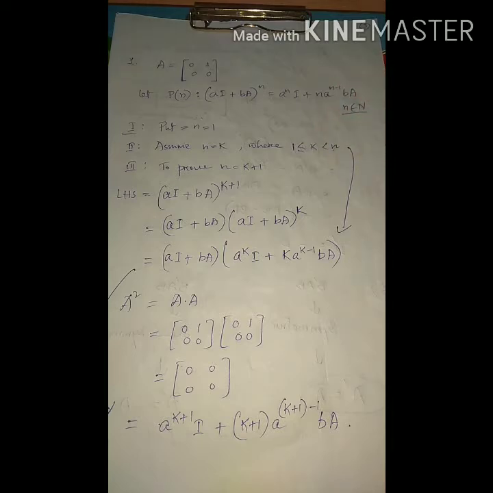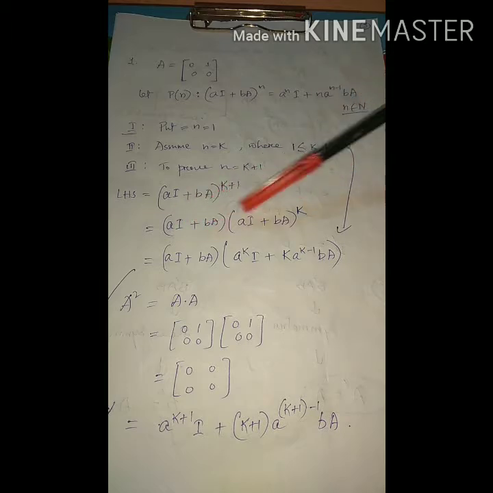After that we have to prove the statement is true for n equal to k plus 1. In k plus 1, you take the left hand side, (aI plus bA) to the power n, and in place of n we put k plus 1. By the property of indices, we can easily separate these two. All of you understood this one?